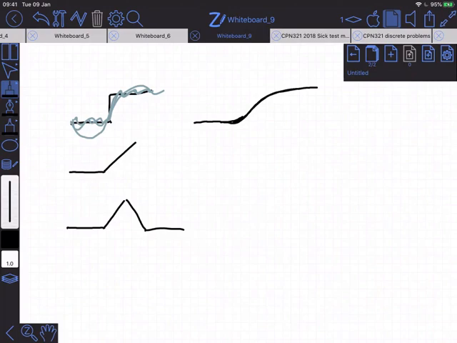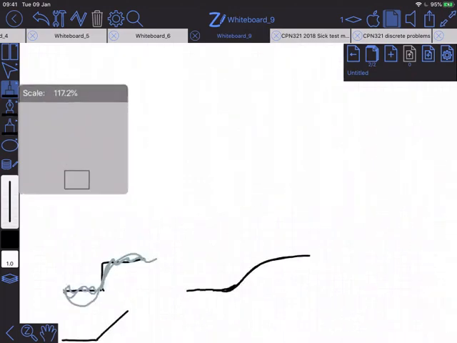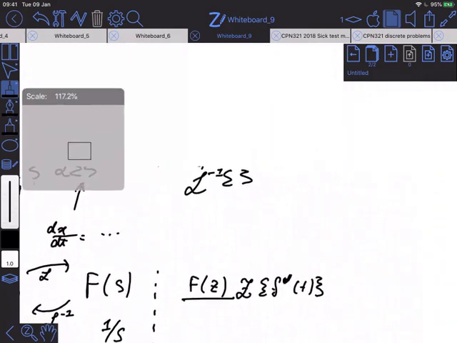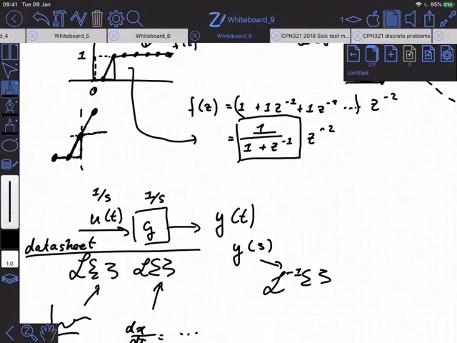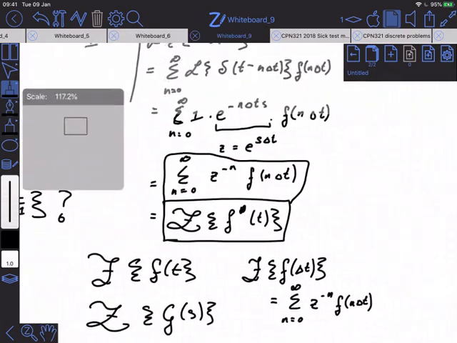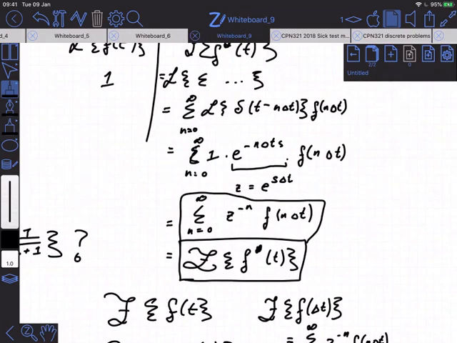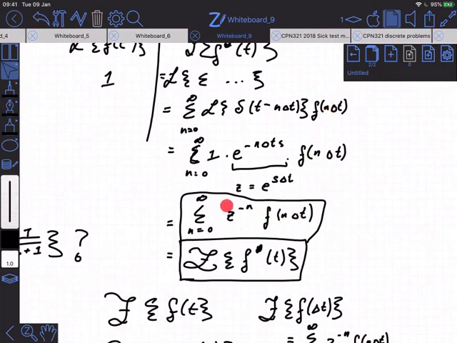In other words, when I do the Z transform on a sampled signal, I take the values of the function at the sampling points and write them as the coefficients of this series of z. And when you say I want the inverse of the Z transform, what comes out is just a series of values for the function.